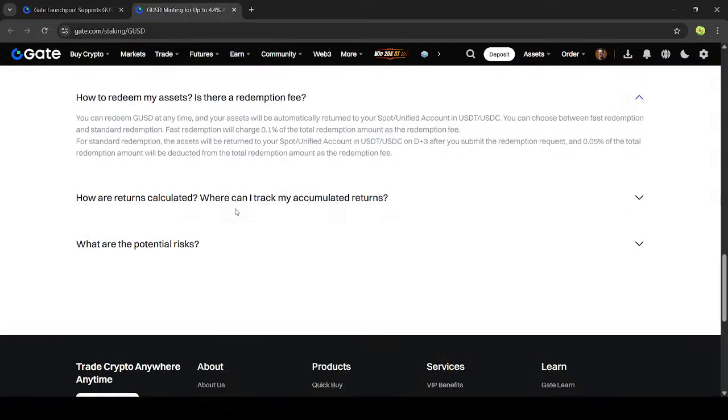So how do I redeem my asset, and are there redemption fees?